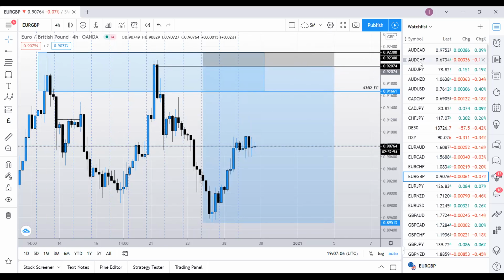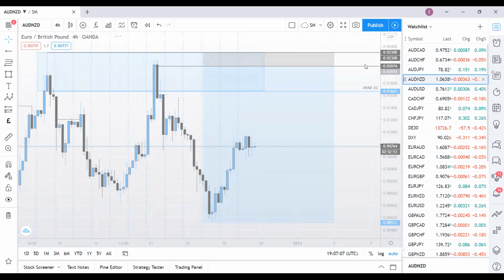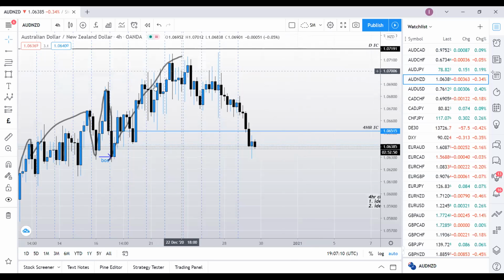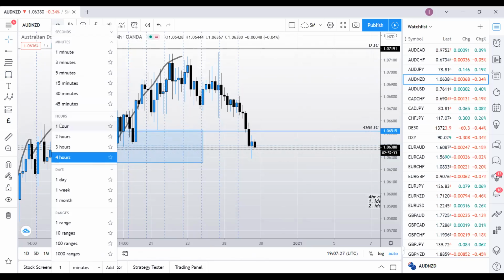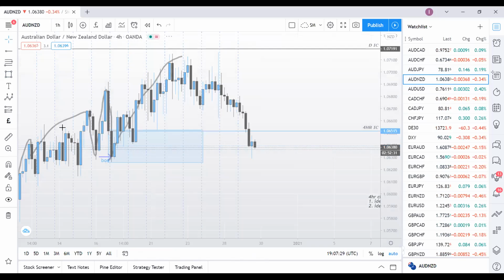Yeah. So let me go back onto, yeah, here. Okay, so once we've now identified the institutional candle, just draw a rectangle around the candle. And what we're looking for in the lower time frame, this is when you're going to go into the 1-hour time frame.